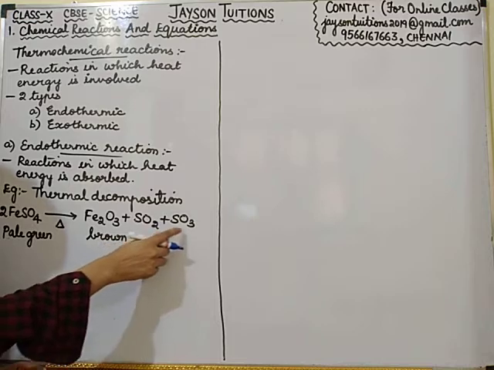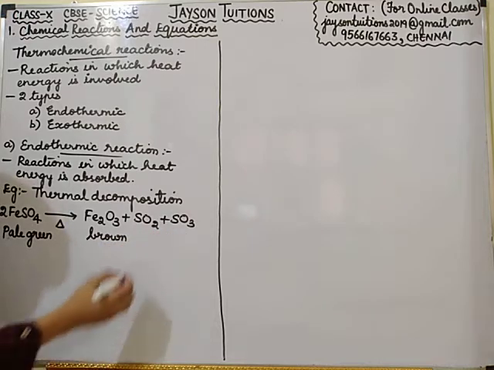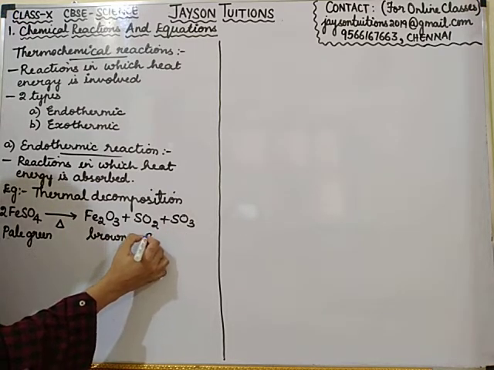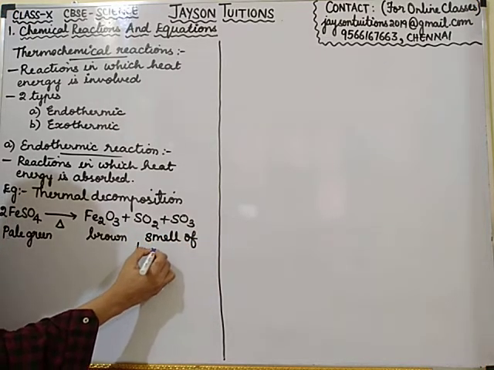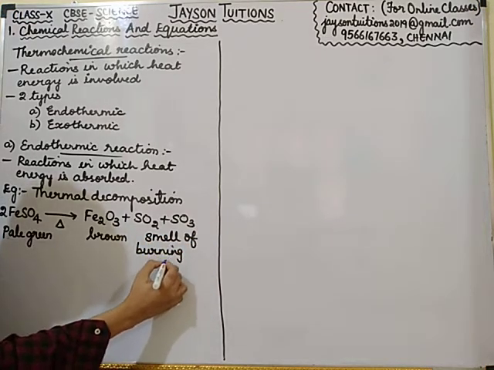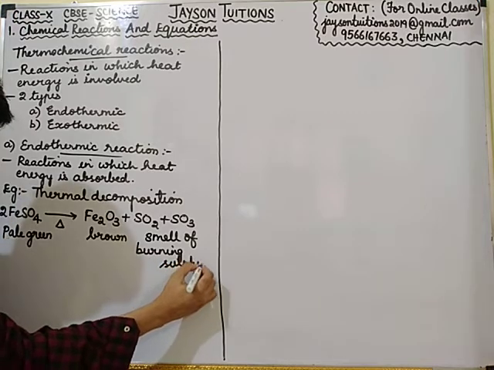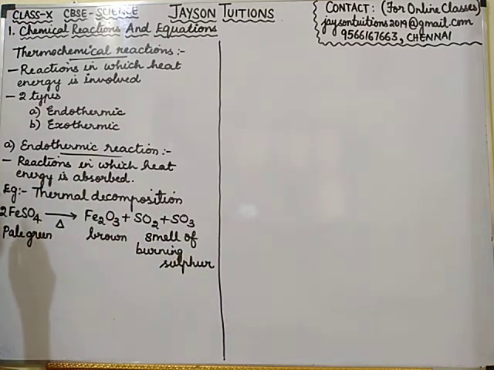SO2 and SO3 gases are released, so you will get the smell of burning sulfur. So this is an example for endothermic reactions. Endothermic reaction means the reaction in which heat energy is absorbed. You can write this, or any thermal decomposition reaction, as example.